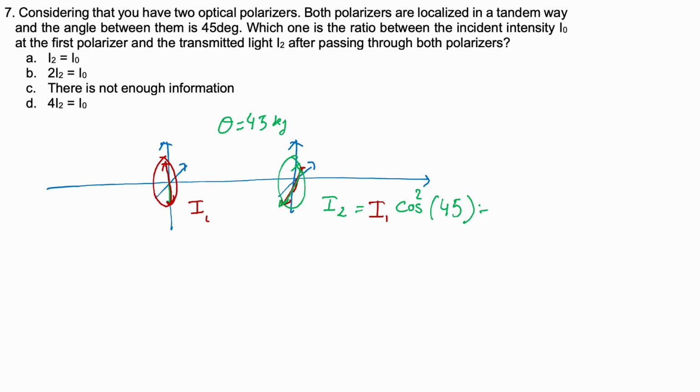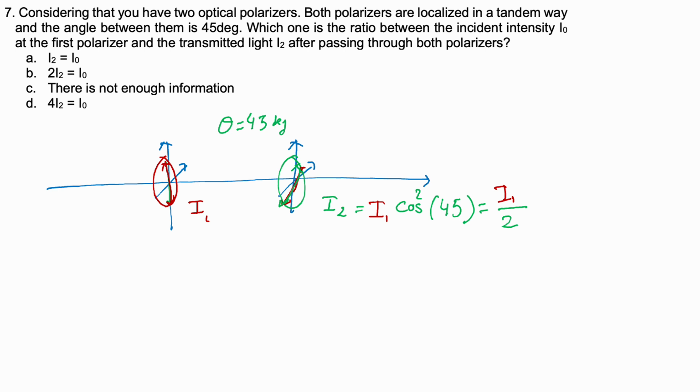Here the cosine is the square root of 2 over 2, so that's going to be half of the input intensity. And that's what we know.